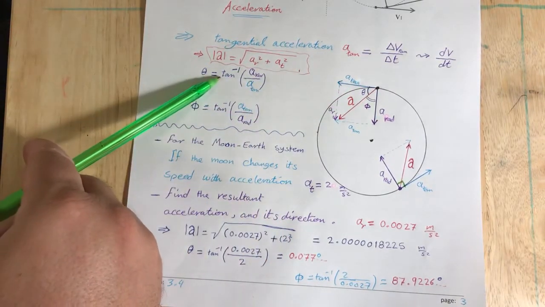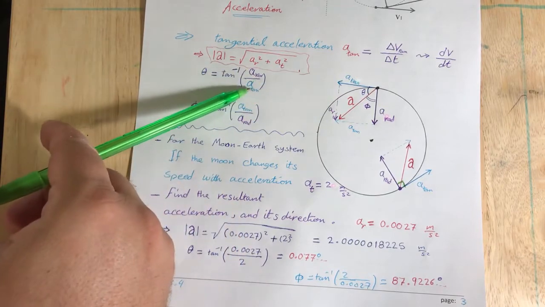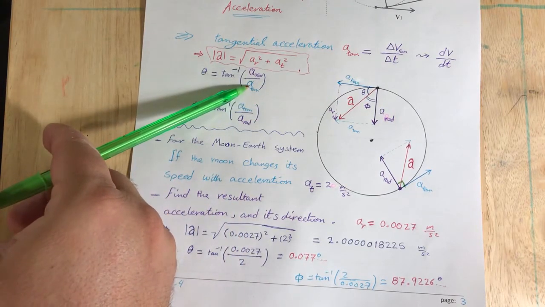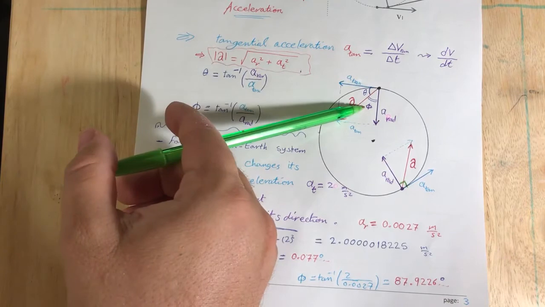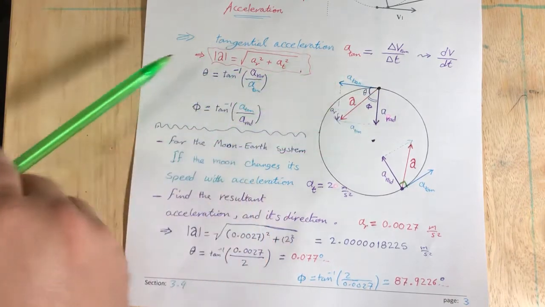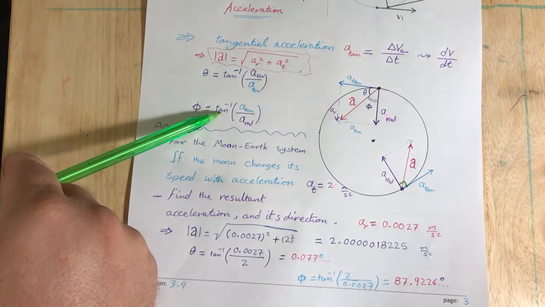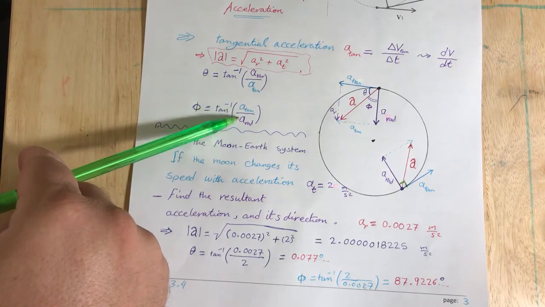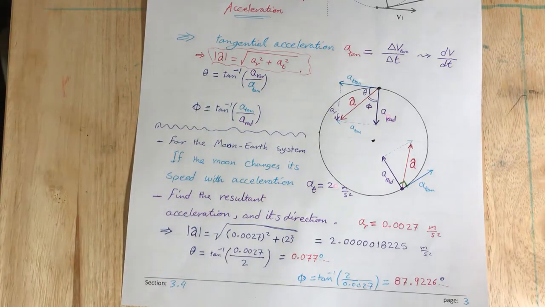So theta is equal to tan inverse of a radial over a tangential. If I need to find phi from the radius, it is equal to tan inverse of a tangential over a radial.